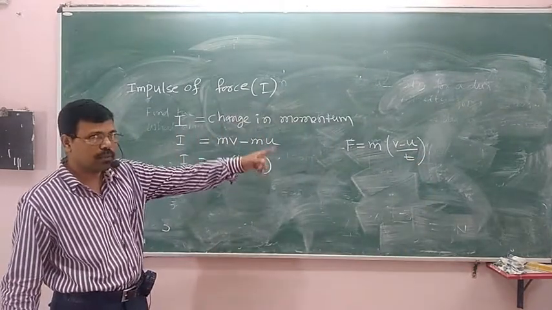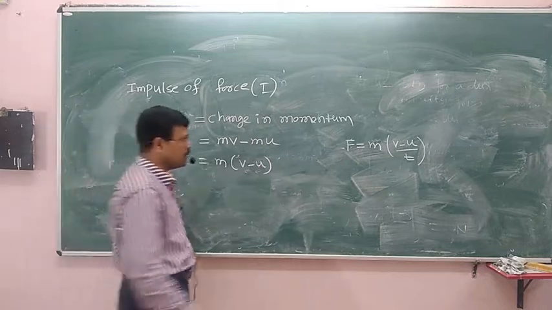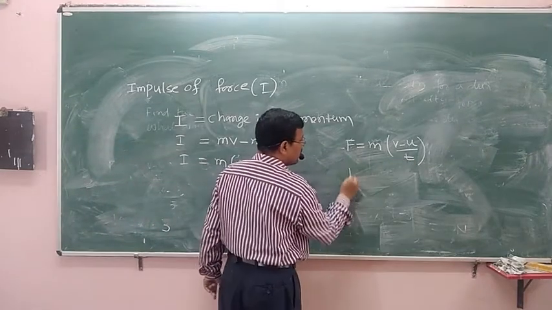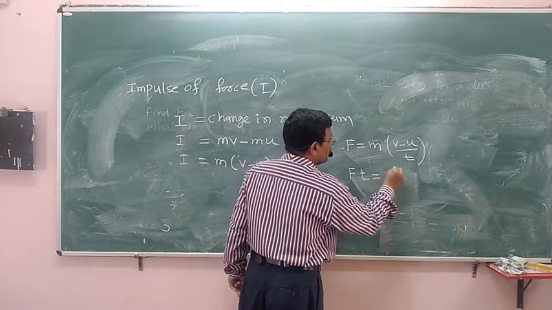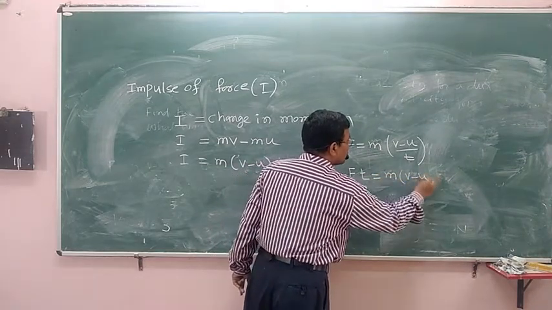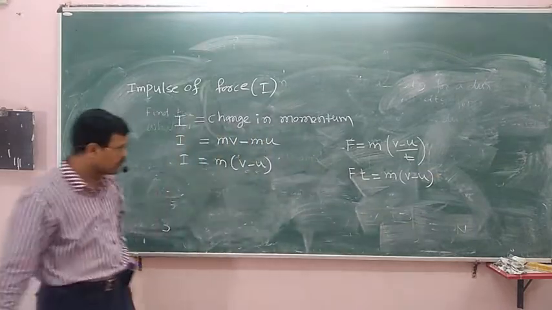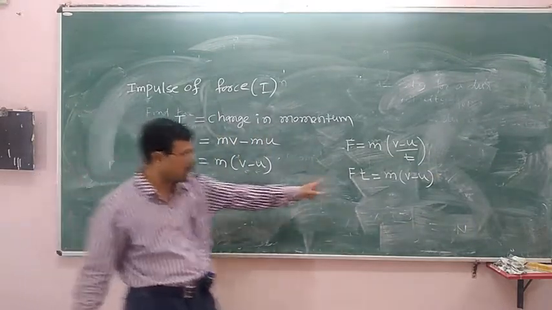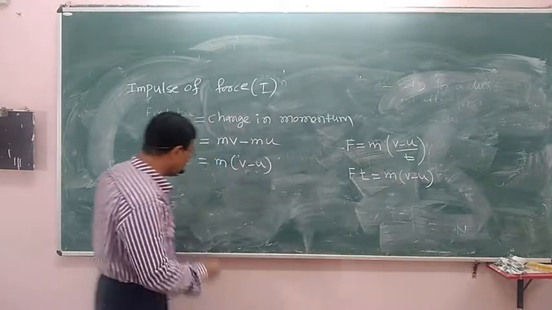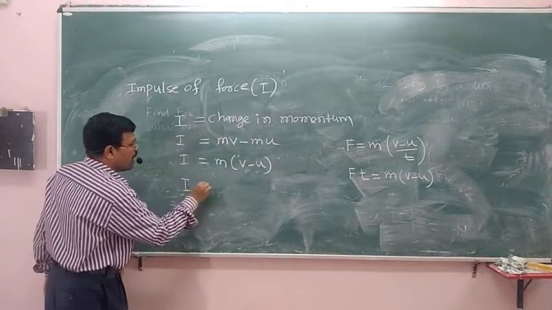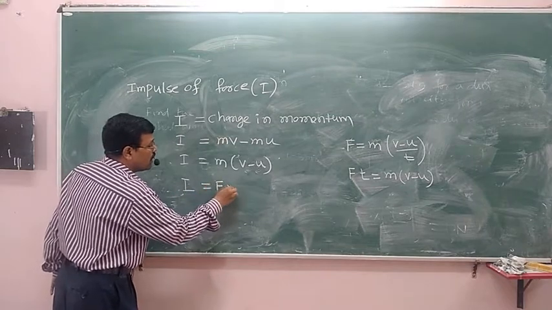F is equal to m into v minus u by t. This F into t is equal to m into v minus u. So I substitute that value of m into v minus u, which is nothing but F into t. Therefore, I is equal to F into t.